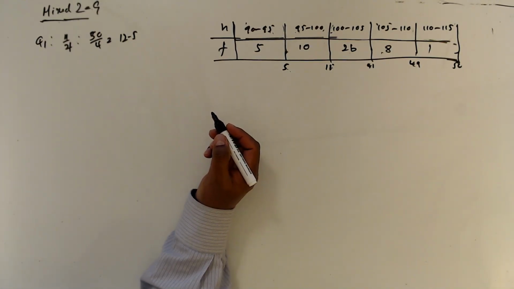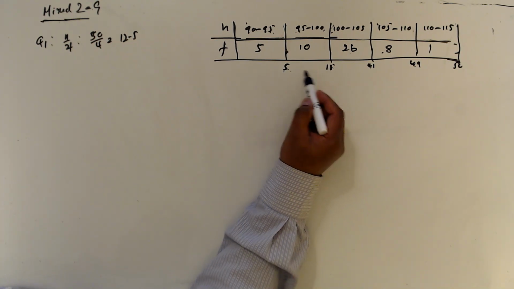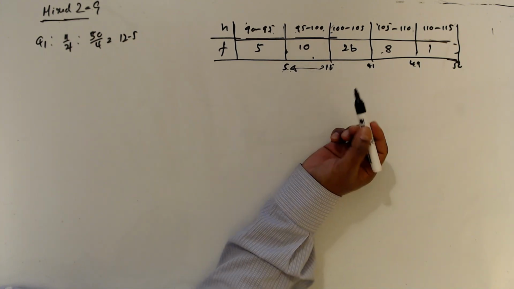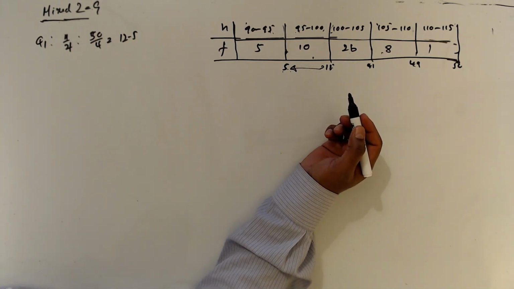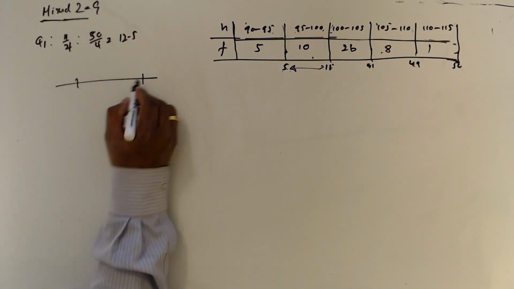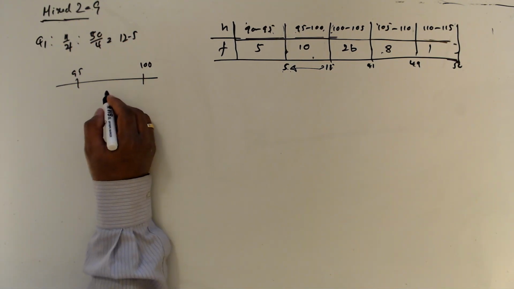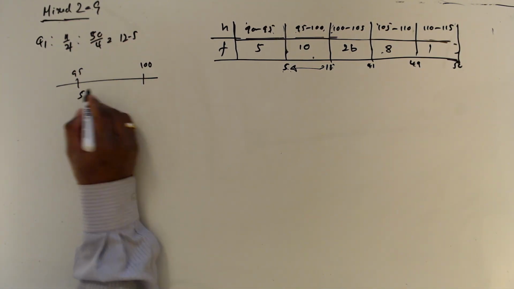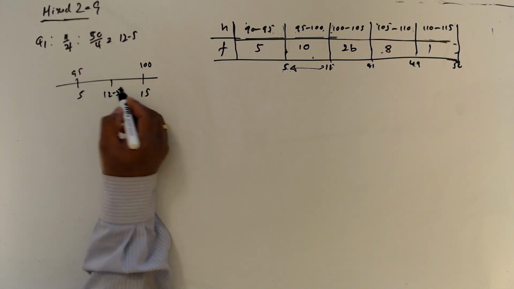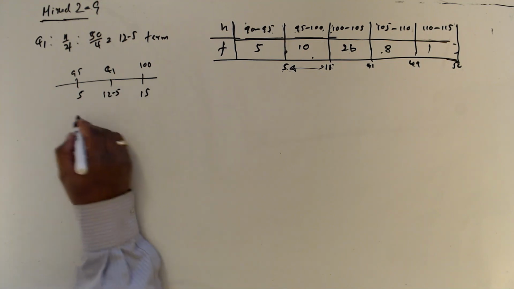So the 12.5 term is not in the first one, 5 to 15, it should be here. So 95 to 100 and 5 to 15. We need the 12.5 term. That is going to be Q1.